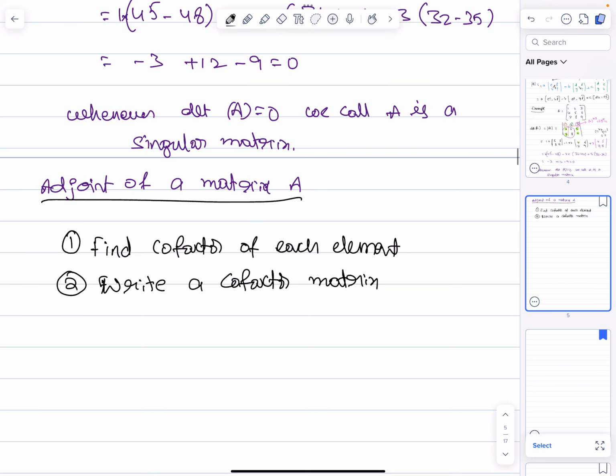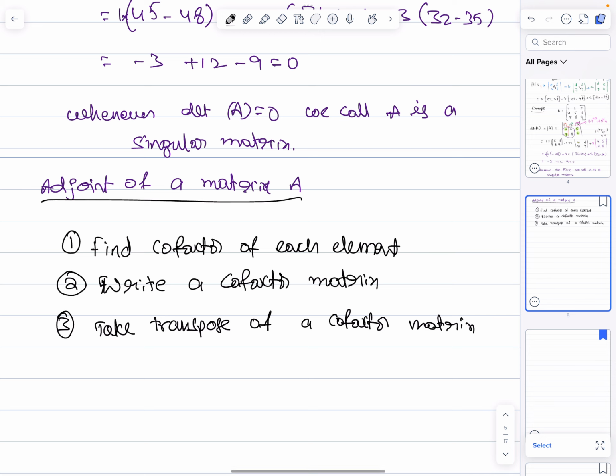And then apply transpose to it. Take the transpose of the cofactor matrix. So you are applying the transpose to the cofactor matrix. This completes the adjoint of a matrix A.